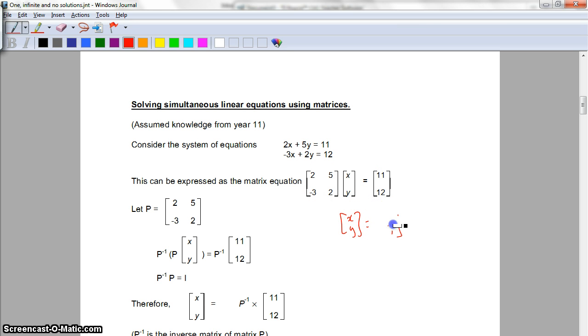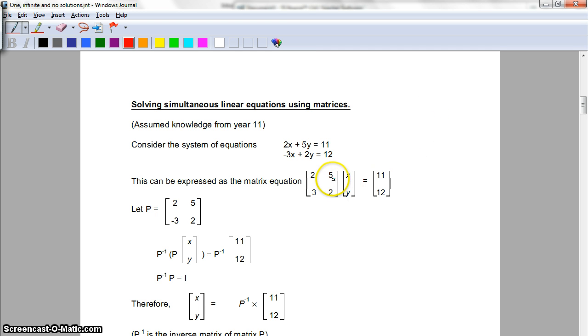So that's what we're going to do. You can have a look through your notes and I'll talk you through them. If we let P equal that matrix there, if we want to undo P, we can get the inverse of P. This is kind of like times and divide. If you times something by 2 and divide something by 2, you'll just get 1, you'll get rid of it.